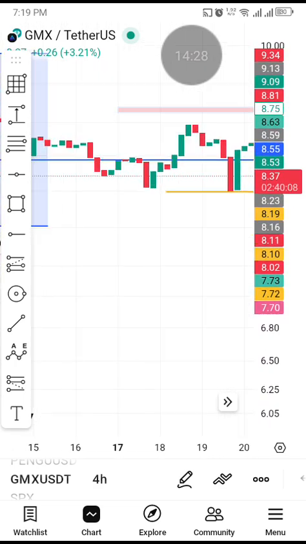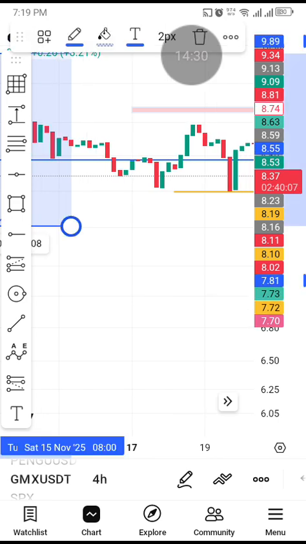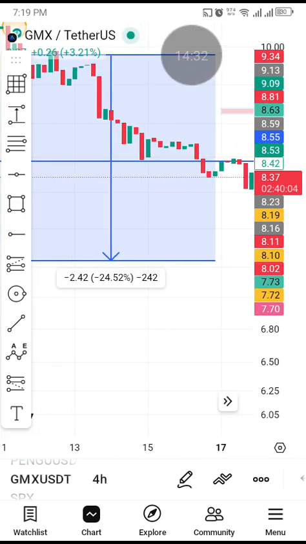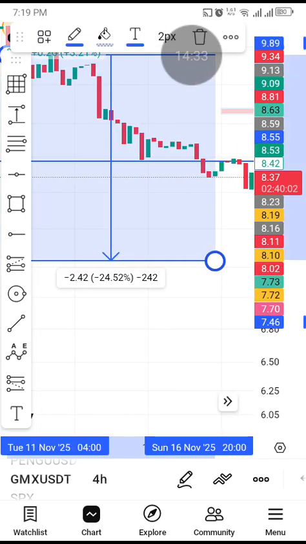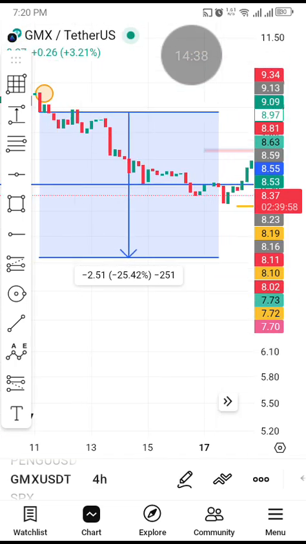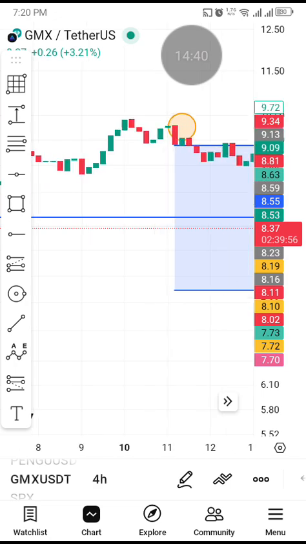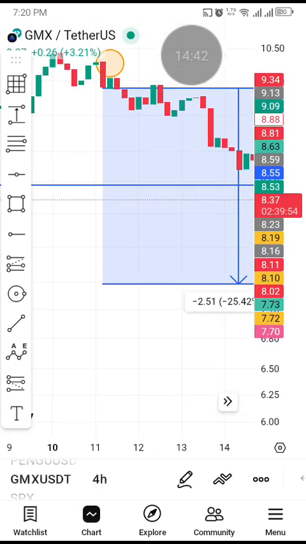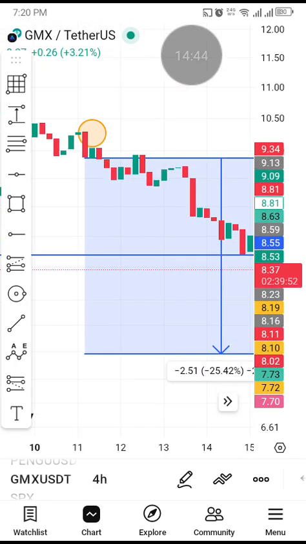Have you seen? Let's think that you had held the trade, you would have taken almost 25 to 27%. Yeah, if you had entered from that candle, that's how in most cases you will trade.